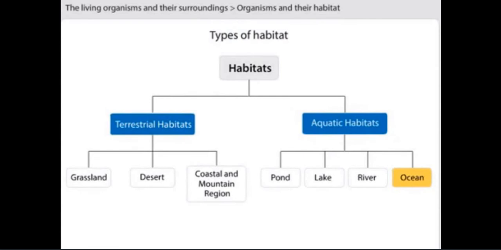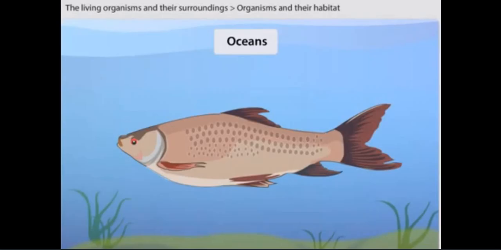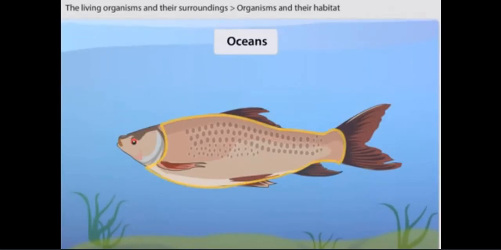Now comes ocean habitat. In the ocean, the mostly found animal is fish. Remember, in the previous class, we learned about friction, air friction or fluid friction.